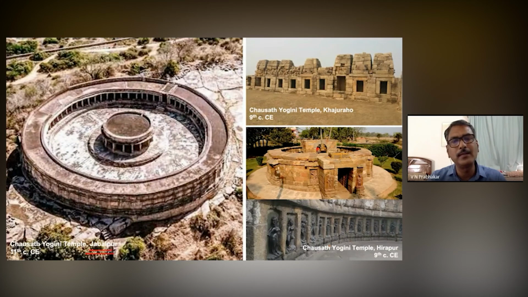We have at least 3 Chaunsath Yogini temples well preserved, in Jabalpur, in Khajuraho, and Hirapur in Odisha. Only these 2 temples, Hirapur and Jabalpur, have the images also. All the yoginis are represented here. It is the female manifestation of energies, and also an excellent example of the Tantrism form of religious faith.